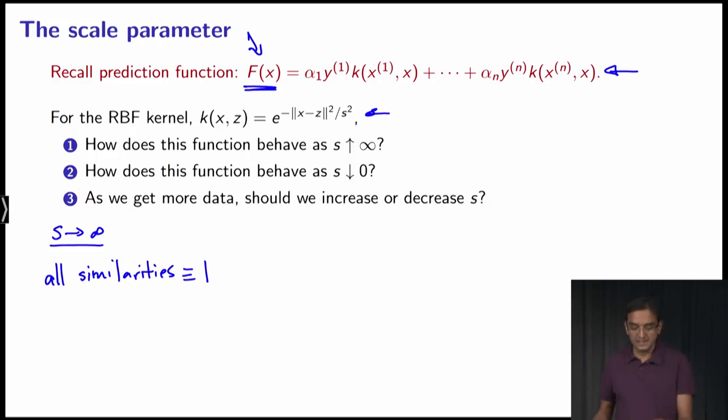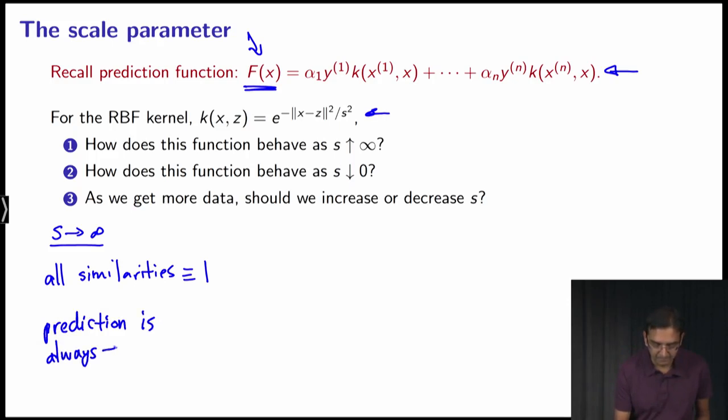These similarity values between the data points xi and x will all be identically equal to 1. And so the value of f of x will be the same at every data point. Okay? So the prediction is always the same. This is the sort of thing we'd do if we had essentially no data.